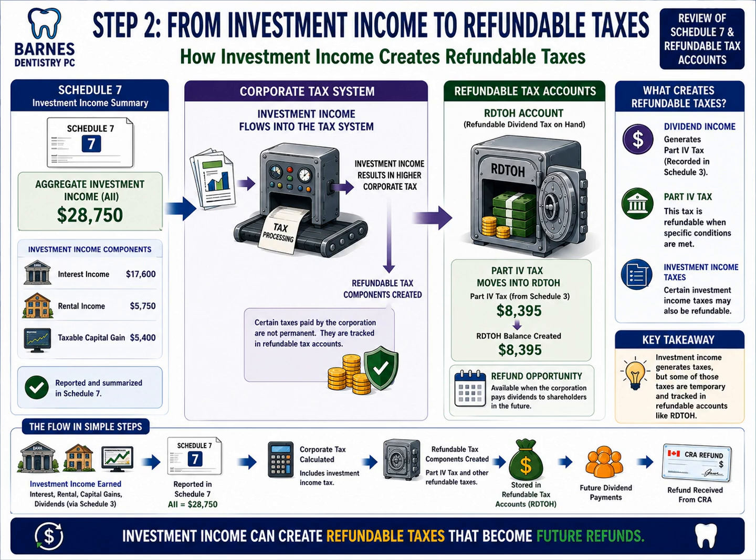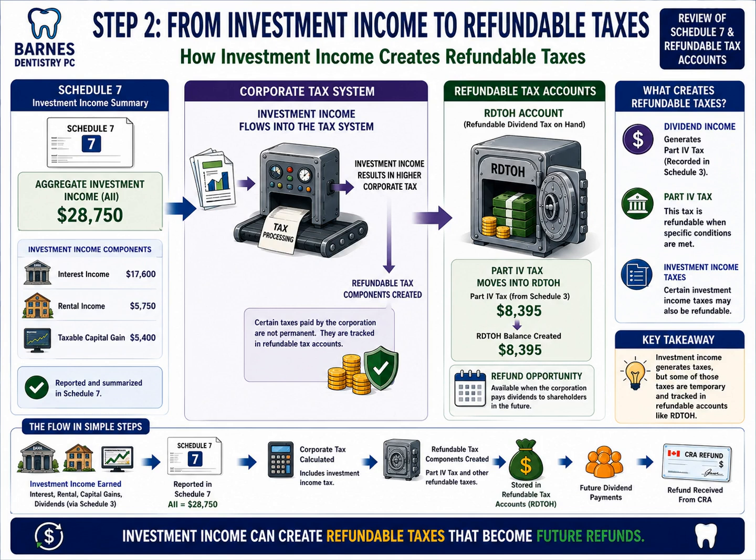Together, these amounts form the corporation's aggregate investment income, or AII. At this stage, Schedule 7 has completed its primary role. The investment income has been identified, classified, and summarized. The next step is what happens inside the corporate tax system.